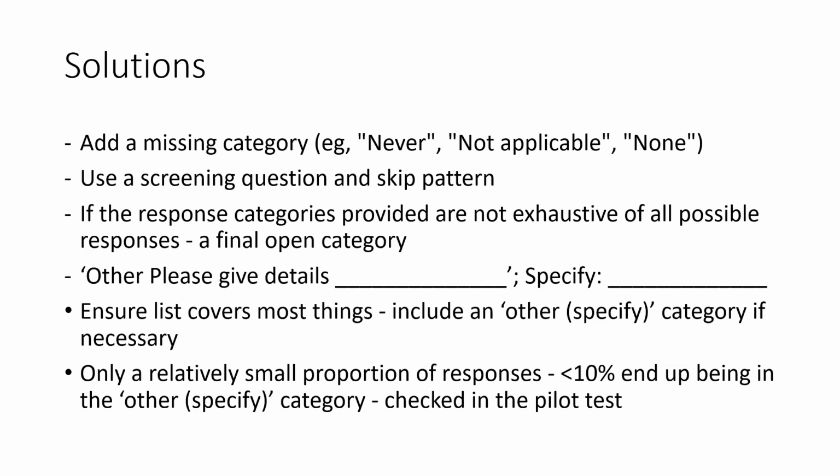The other should always be accompanied by another section which seeks more details or specifications. Now, when you are writing others, you have to be again very careful, because many times when you are analyzing data, you will see that these others end up being the largest proportion, which means that you have not thought through with enough intensity when you are framing your options.